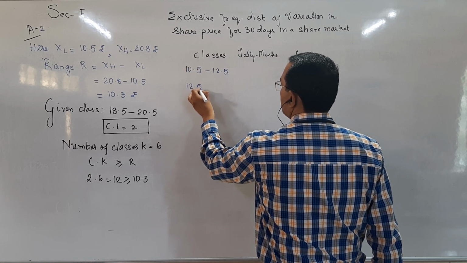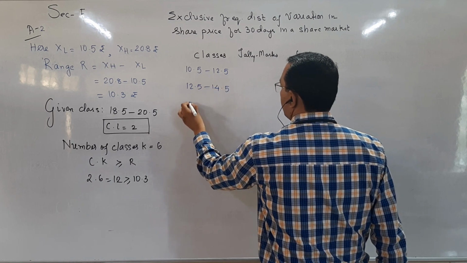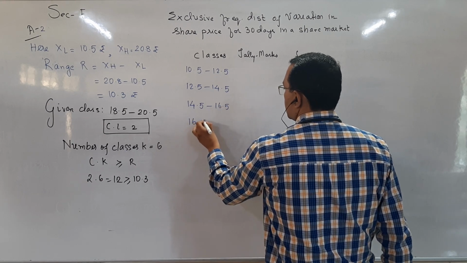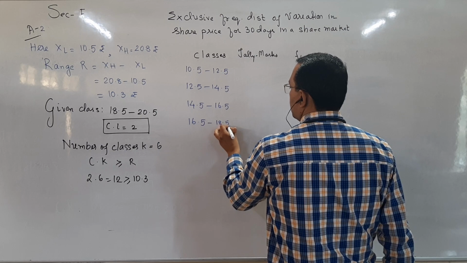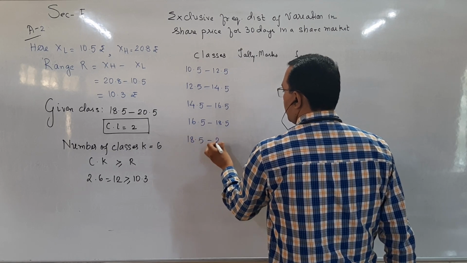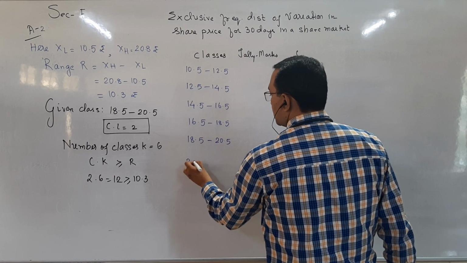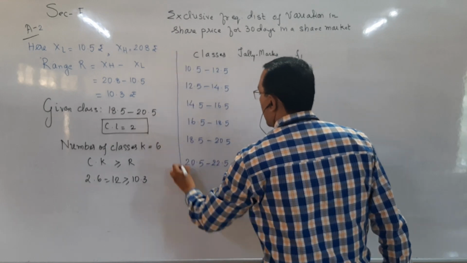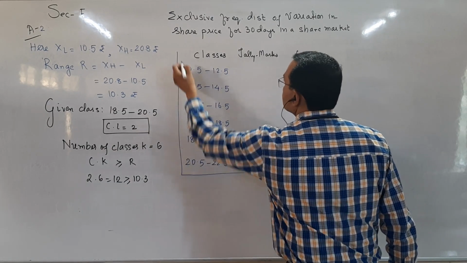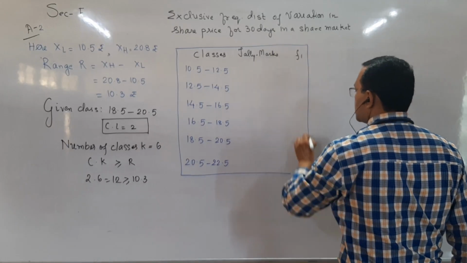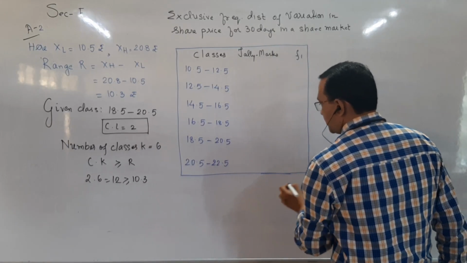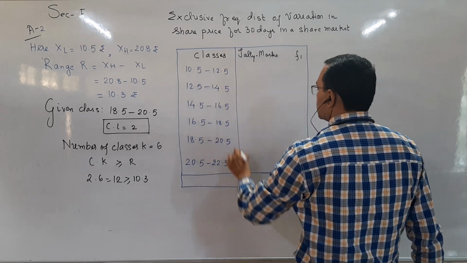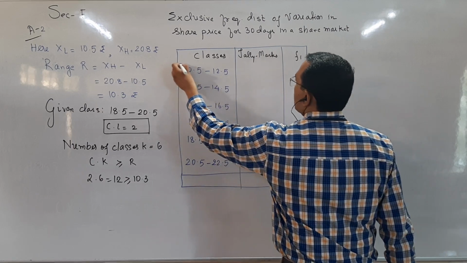We will go for exclusive: 12.5 to 14.5, 14.5 to 16.5, 16.5 to 18.5, 18.5 to 20.5, 20.5 to 22.5. So these are the 6 classes, students, which we have already prepared. And the last column will be total.